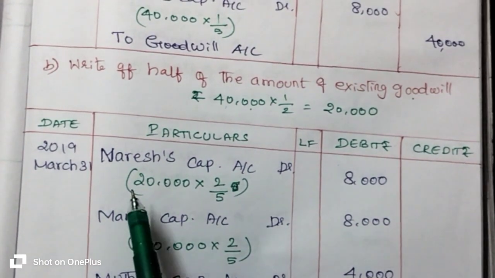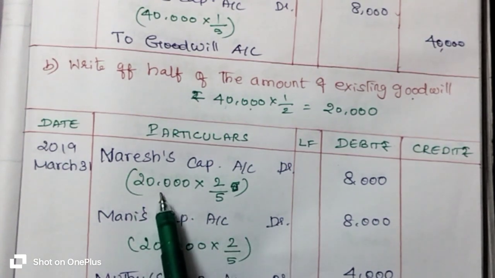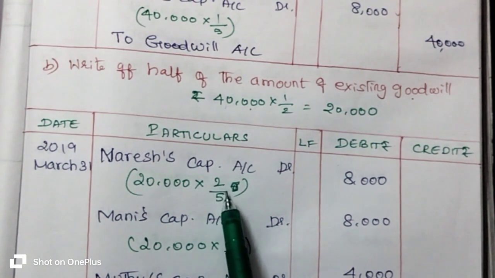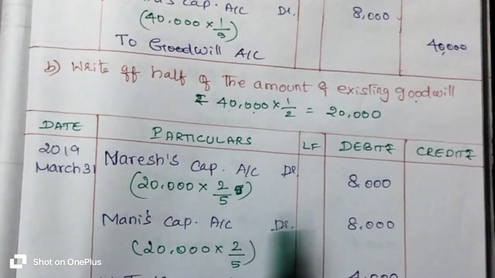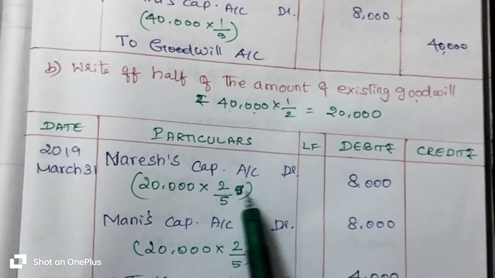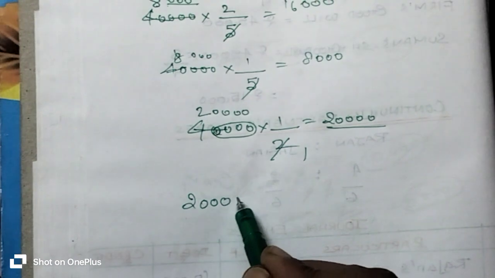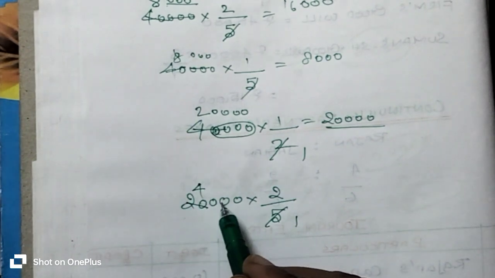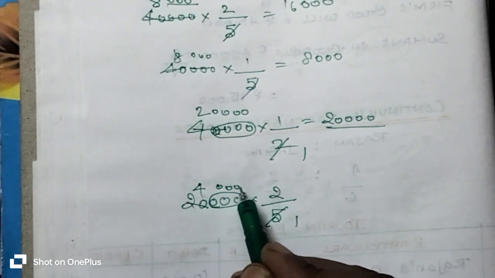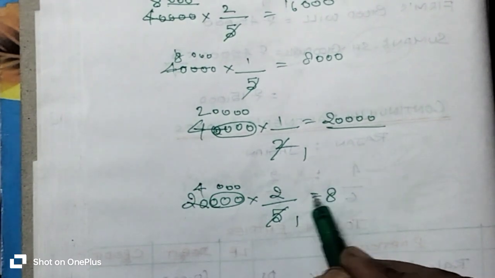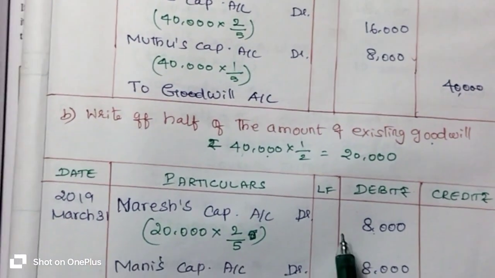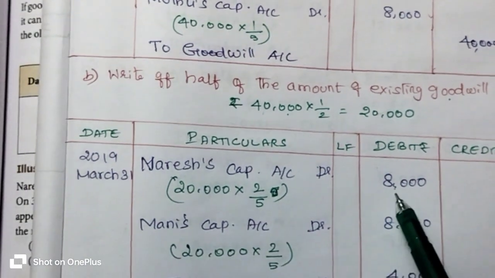The first partner is Naresh. 20,000 rupees is transferred to Naresh's capital account with his gaining ratio of 2/5. How do you get 8,000 rupees? 20,000 rupees into 2/5: 5 fours are 20, then add three zeros, 4,000. 4,000 into 2 is 8,000. So Naresh's capital account debit 8,000 rupees.